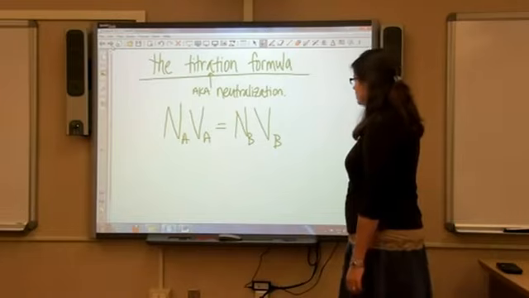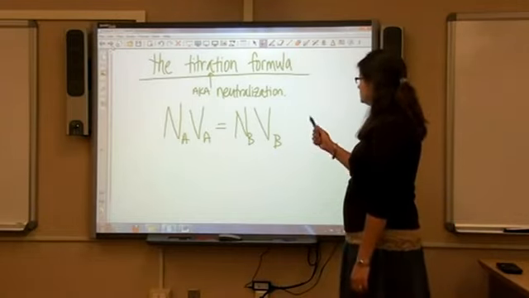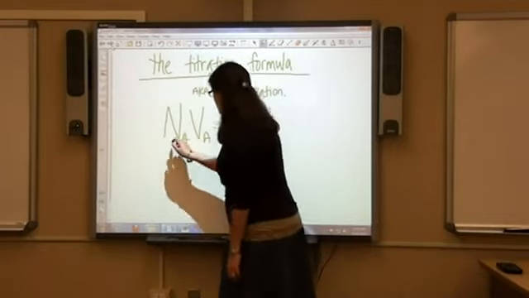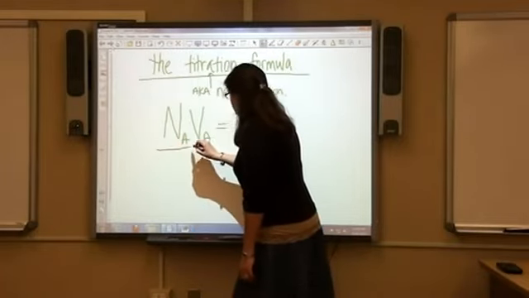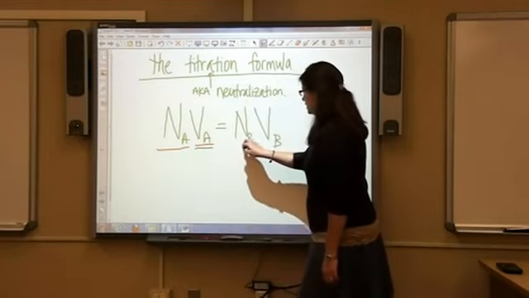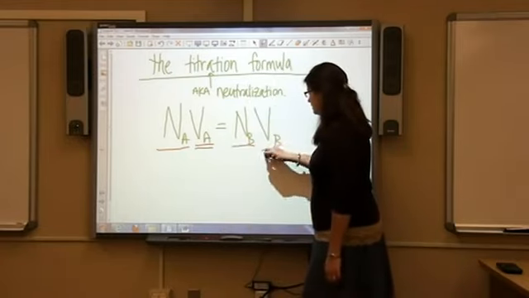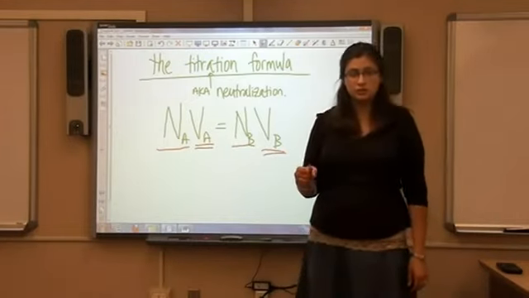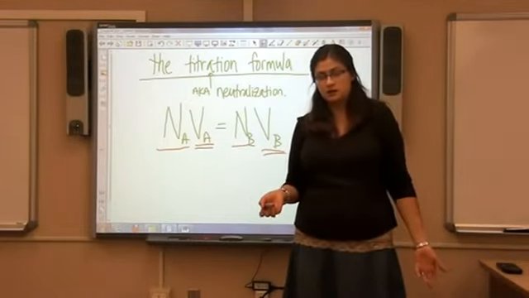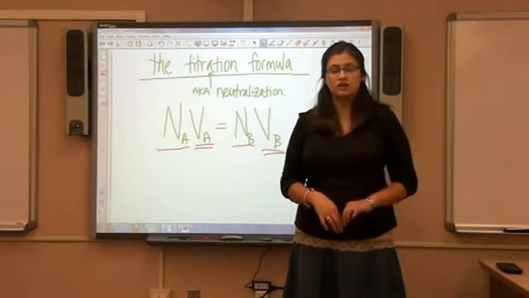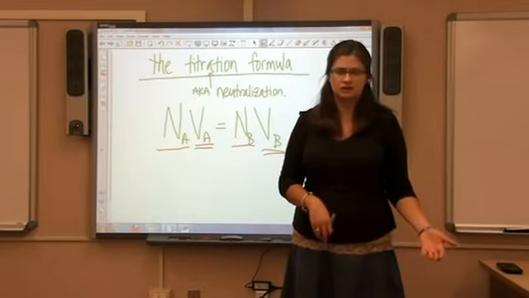So all you need to do to use the titration formula is calculate the normality of the acid times the volume of the acid, and that equals the normality of the base times the volume of the base. This is not a tricky formula. The algebra is pretty easy. The only thing that's really tricky is identifying the numerical value of each one of the variables in each of the problems.